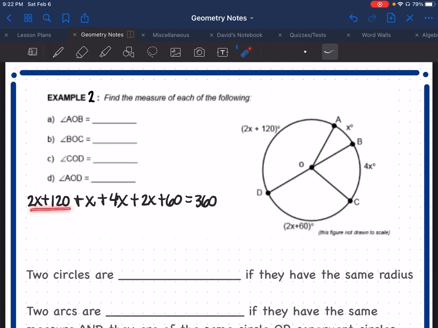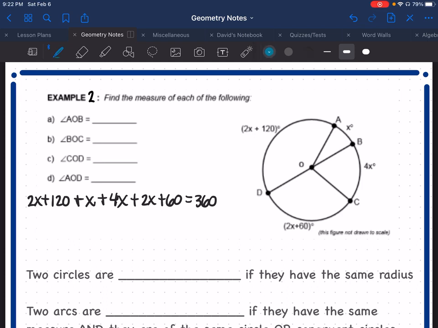So I can take this arc, add this arc, add that arc, and add this arc, and I've gone all the way around my circle, 360 degrees.